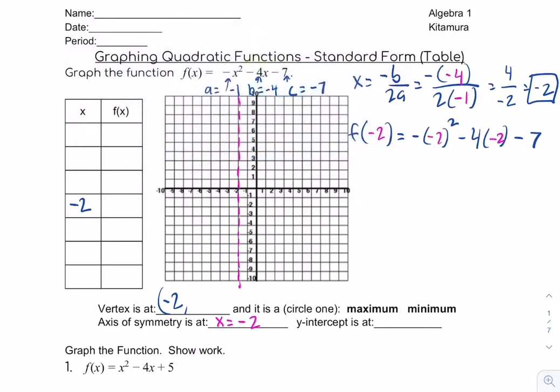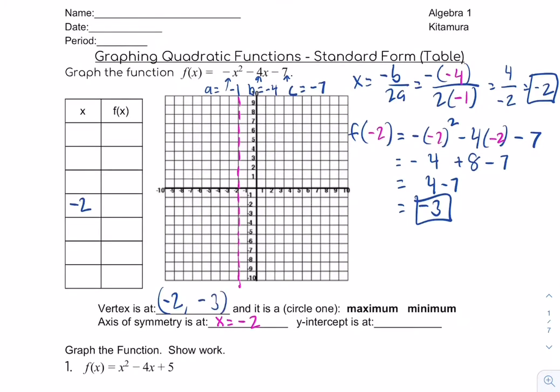Then we calculate that out. So negative 2 squared is 4. So we have negative 4. And then negative 4 times negative 2 is positive 8 minus 7. Now we have 4 minus 7, which is negative 3. So our y value of vertex is negative 3. So we just found our vertex, negative 2, negative 3, which is right there.